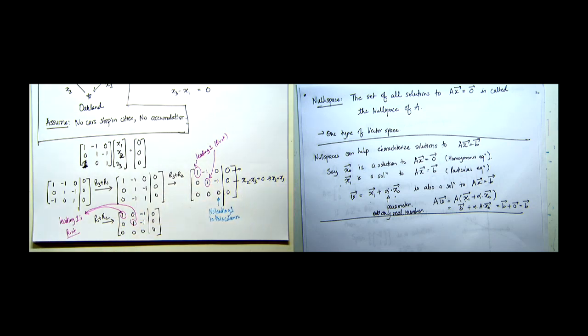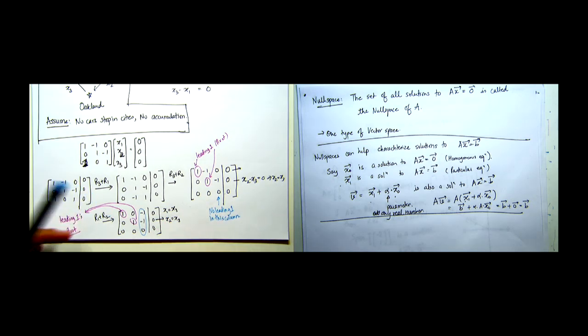But the same thing is still true, which is that there's no leading one in this column. And so x3 is your free variable. Once x3 is fixed, this tells you that x2 is equal to x3, and the first row tells you that x1 is also equal to x3. Is everyone with me? Yes, question?